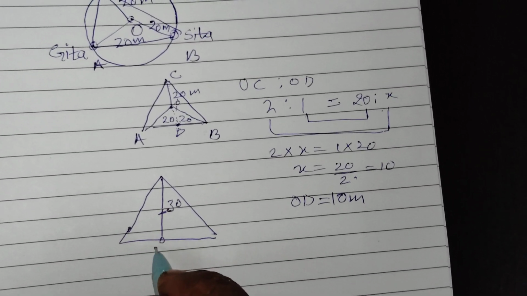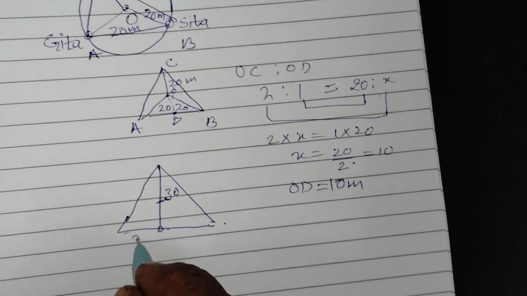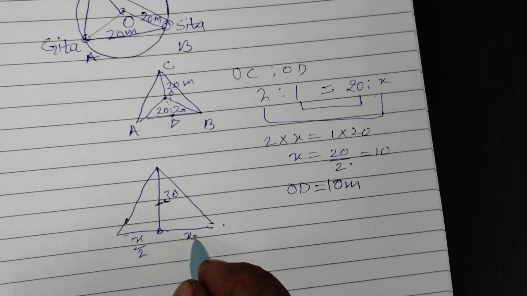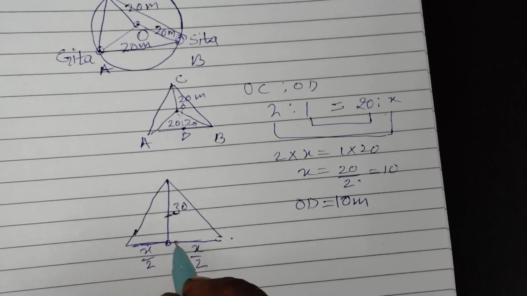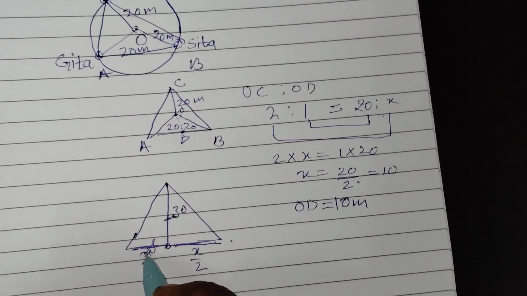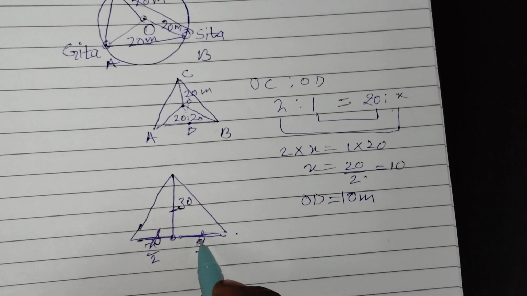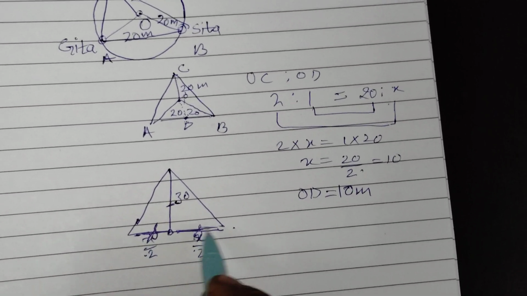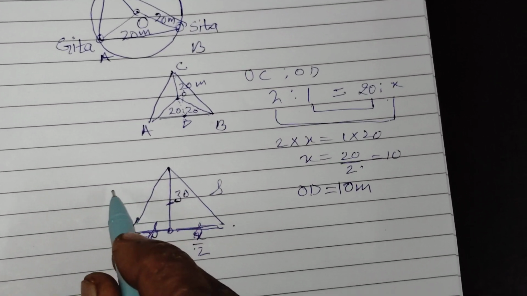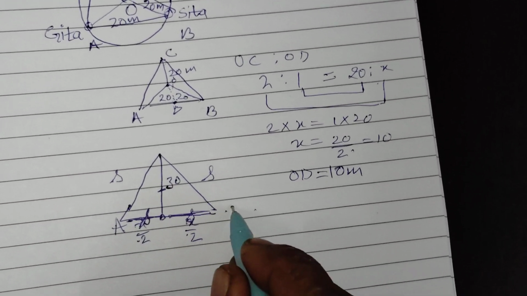In an equilateral triangle the altitude cuts the base at the middle point, so this distance is half of the side, s by 2, and this is also s by 2. The total side is s, since it is equilateral triangle ABC.